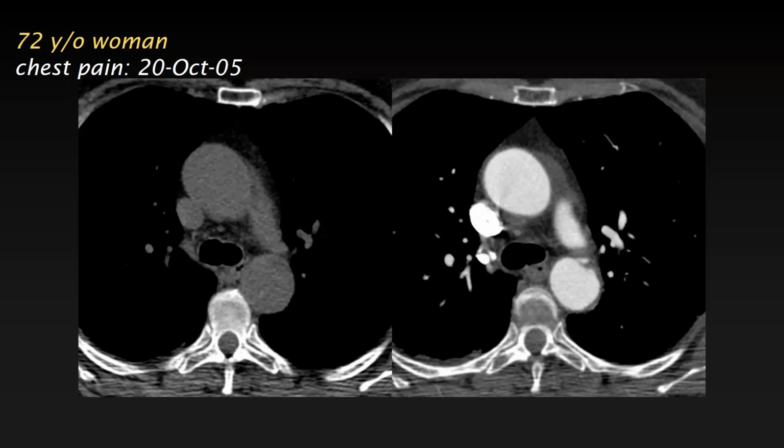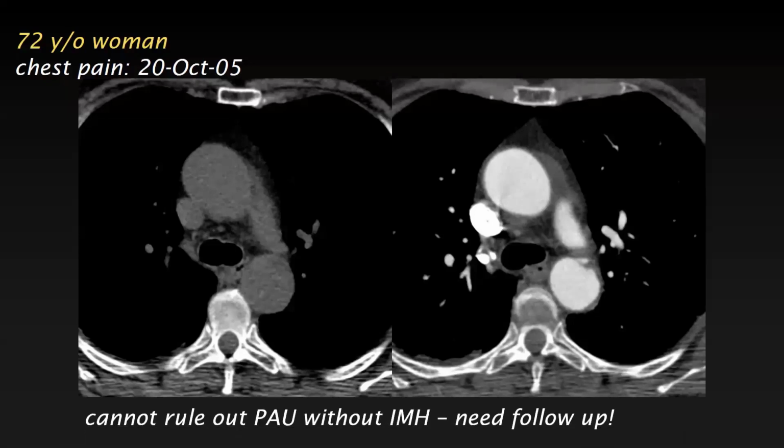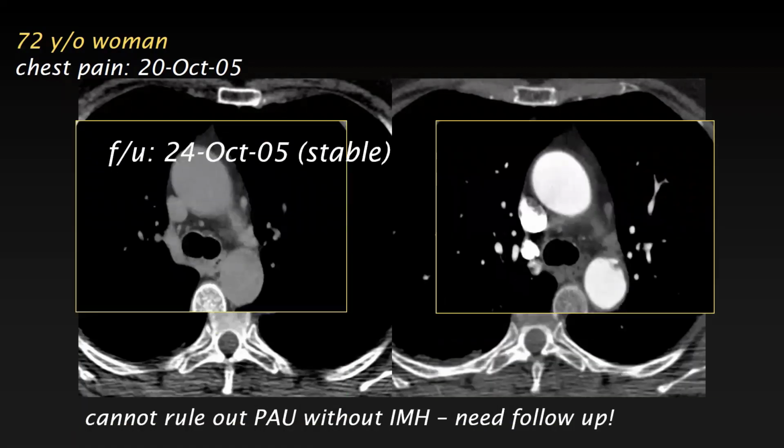So the consequence is just to follow it. There's nothing you need to do, particularly if you're not 100% sure that it's a PAU. So this is what happened here. Again, we have a possibly acute PAU, uncomplicated, in the descending thoracic aorta. So the easiest thing to do is just follow this. And this patient had a follow-up study just a few days later.